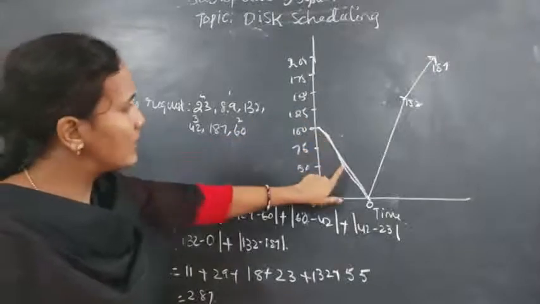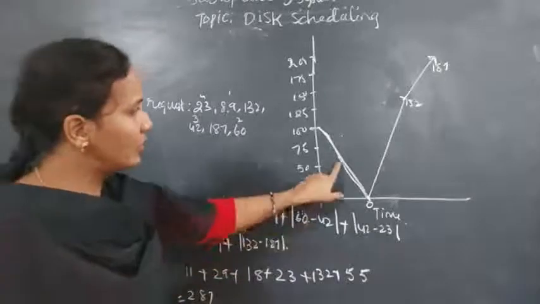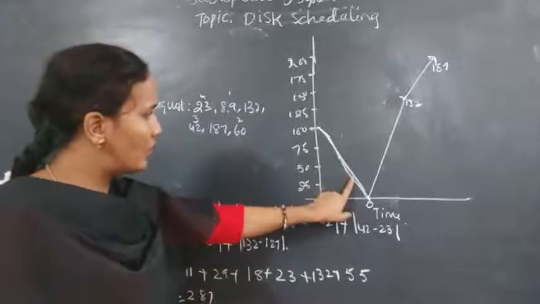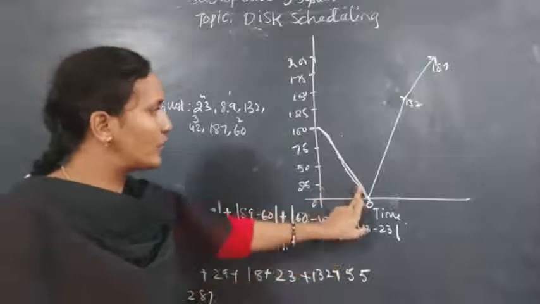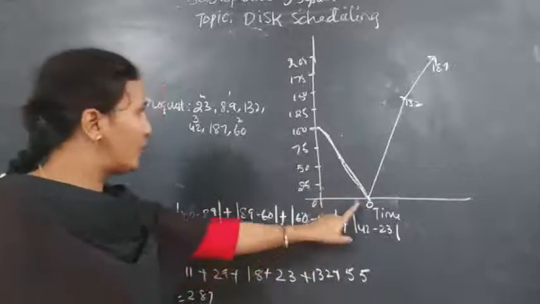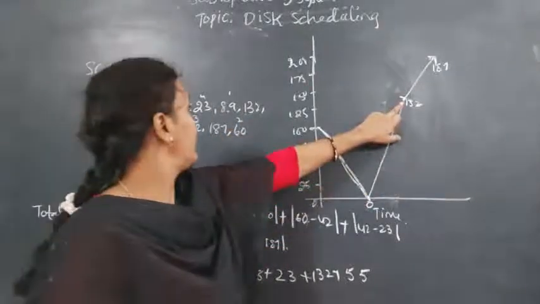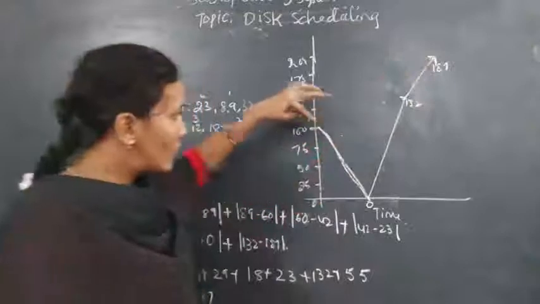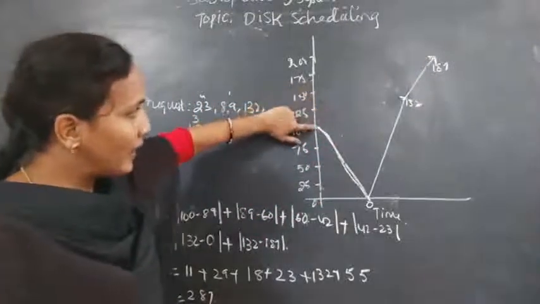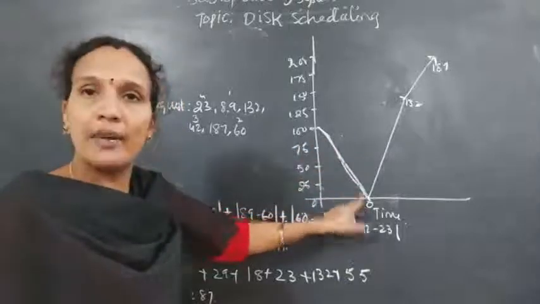Again from 60 to 42, 42 to 23, 23 to 0. Next again from 0 to 132, 132 to 187. So it is moving from one end to another, in this way it is coming down.